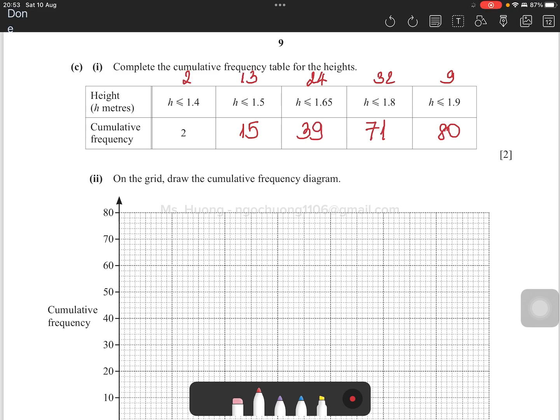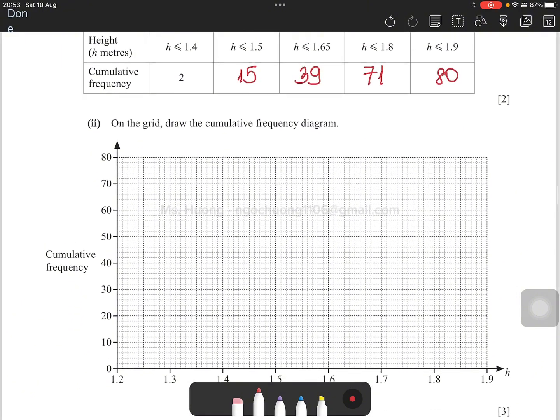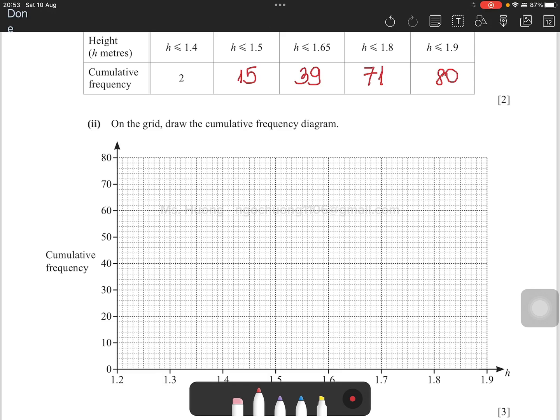Second question. On the grid, draw the cumulative frequency diagram. So at 1.4, there are 2 students. At 1.5, there are 15 students. At 1.65, there are 39 students.